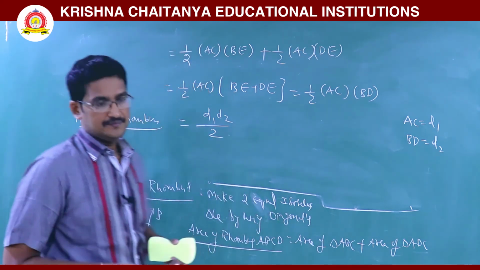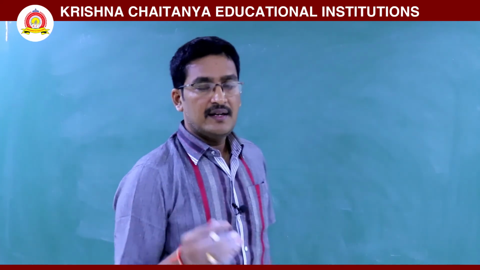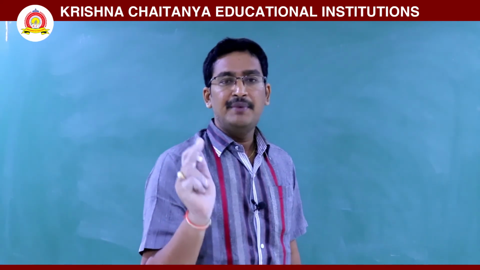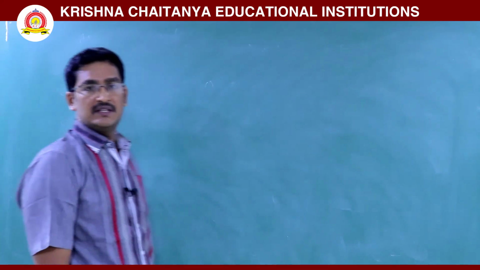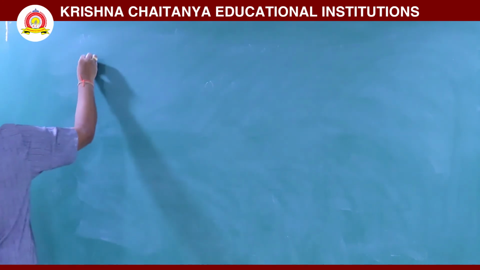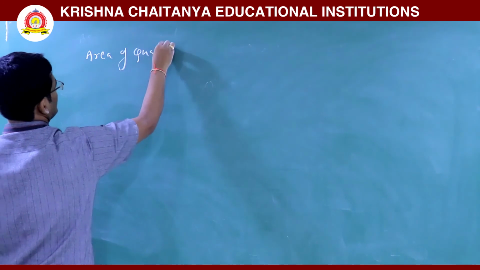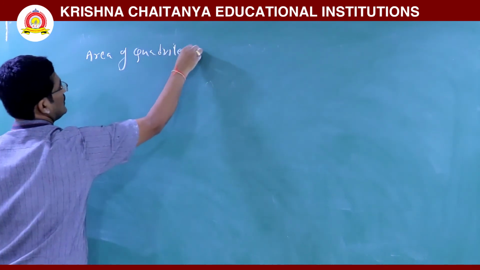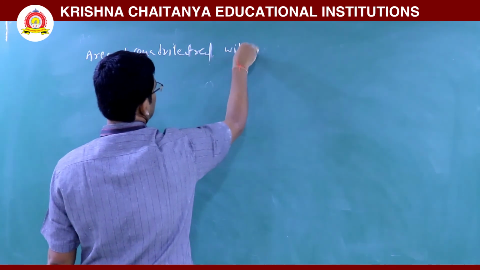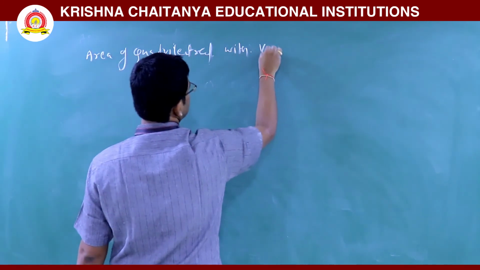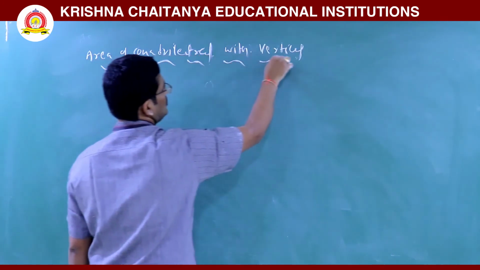One more point, let me explain now. Area of the quadrilateral with the vertices A(x1, y1), B(x2, y2), C(x3, y3), D(x4, y4). Which formula do I use? That is the question now. So area of quadrilateral, how to calculate?